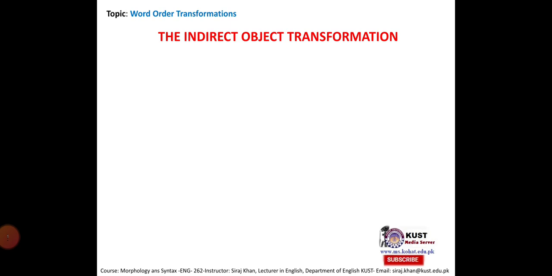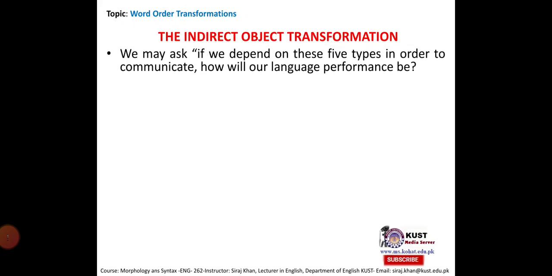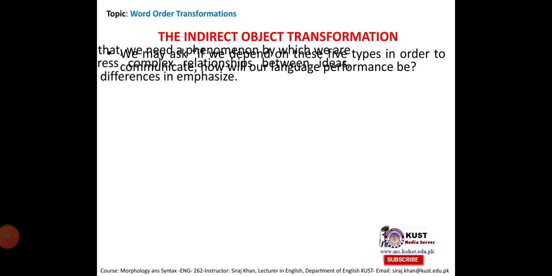The indirect object transformation. We may ask if we depend on these five types in order to communicate, how well would our language performance be?